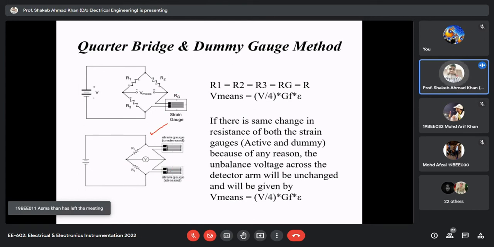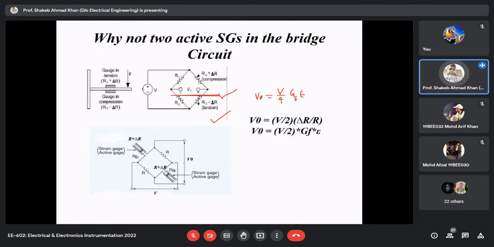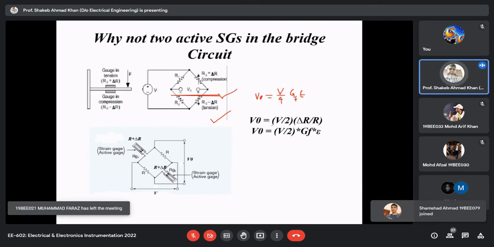These two are the same; the only difference is that in this case there is compensation for temperature. Here there is no compensation for temperature. But as far as the output is concerned, it will remain the same. Here in this case we are getting temperature compensation also, and the output is different from whatever we are getting from the quarter bridge method.